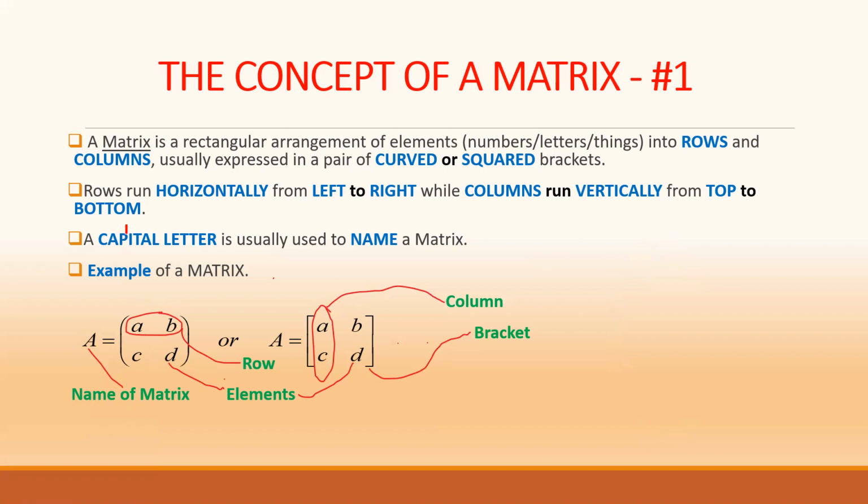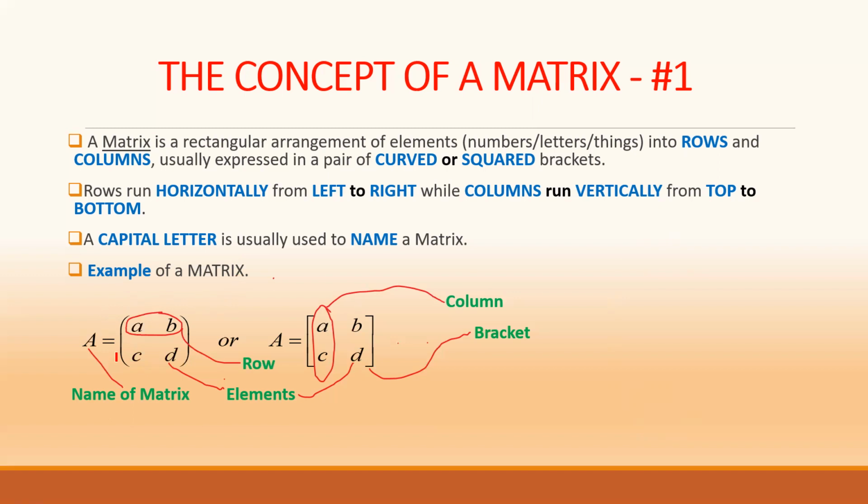All right, a capital letter is usually used to name a matrix. We often use a capital letter to name a matrix. That doesn't mean that the matrix has to have a name. The matrix could be nameless.